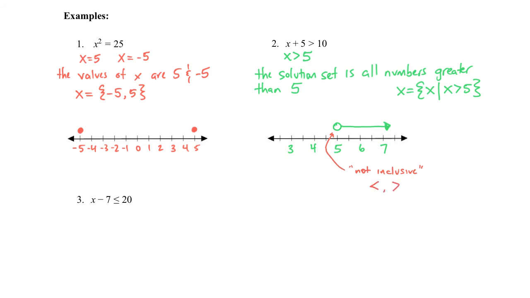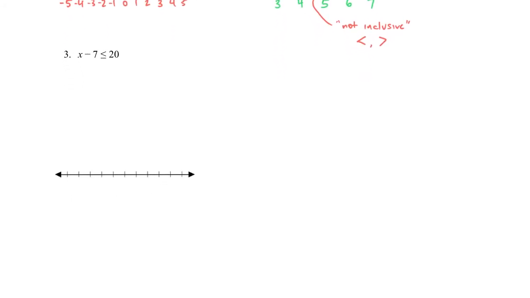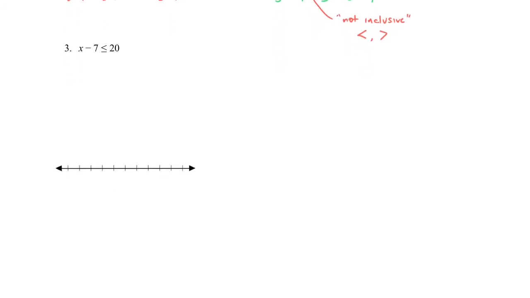All right, last one. x minus 7 is less than or equal to 20. Okay, remember our inequality signs. This one means equal to. So this says x minus 7 is less than or equal to 20. So what are some numbers that work here? Well, if I put 10 in there, that works. If I put 20 in there, that works.